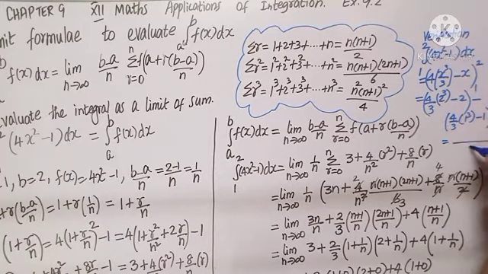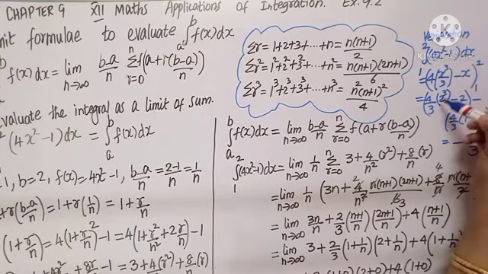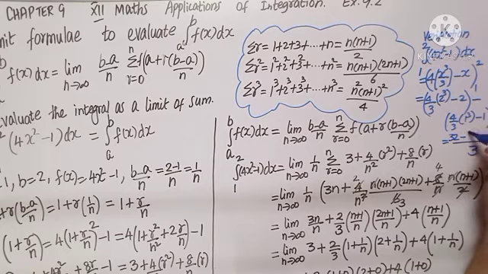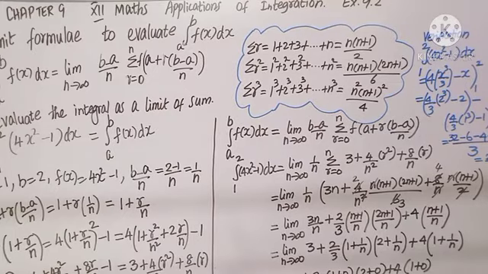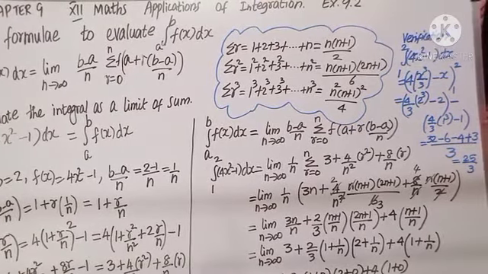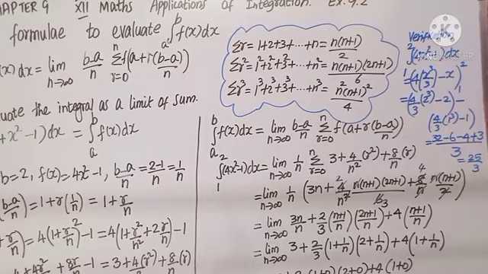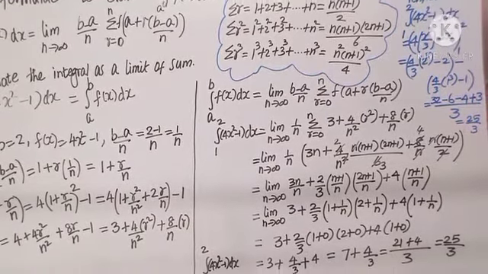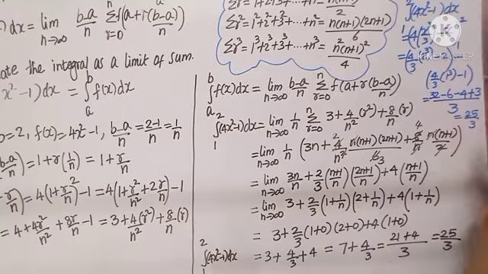As I take LCM and simplify, it is 8 fours are 32, minus 2 threes are 6, minus 4 into 1 cubed, 4, minus into minus plus, 3 ones are 3. As I simplify, I get 25 by 3. So, as we check ordinary integration and integral as a limit of sum, we arrive at the same answer.